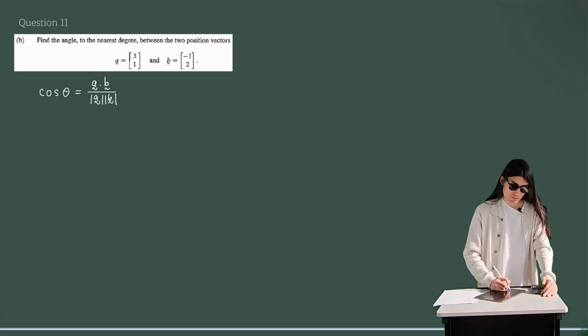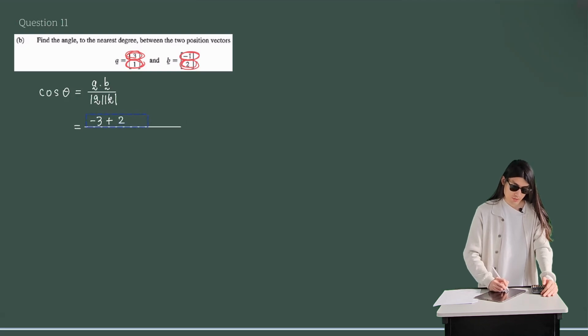Now a dot b, the dot product is x1, which is 3, multiplied by x2, which is negative 1. So 3 times negative 1 plus y1, which is 1, multiplied by y2, which is 2. So 1 times 2, 2, over, this all over.